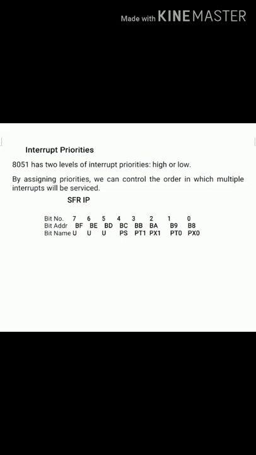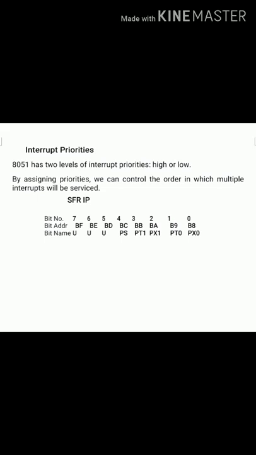Like this, there are 5 interrupts that can be prioritized either with a high priority or with a low priority. If you set these bits, that particular interrupt becomes high priority. If you reset those bits, that particular interrupt becomes a low priority interrupt.